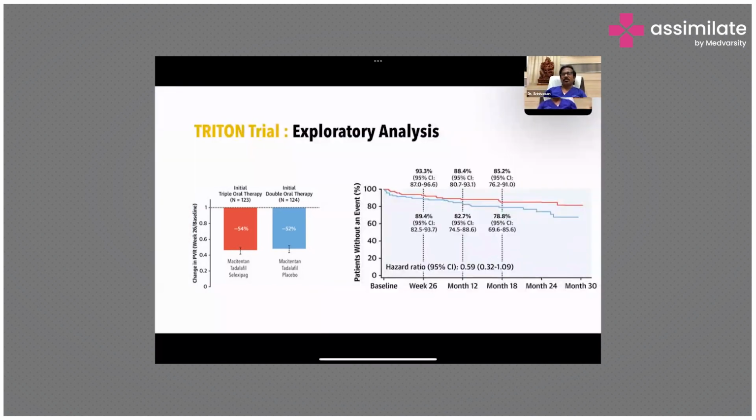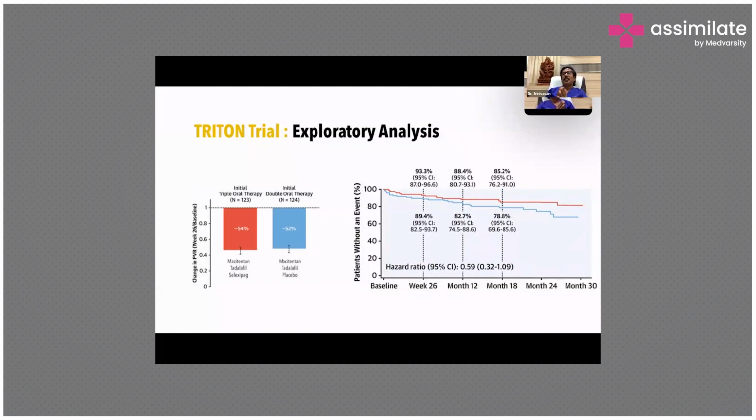But then there was some exploratory analysis, because scientifically you should look very carefully at this data, as the primary endpoint was not reached because there was no difference. But when you look at the exploratory analysis, there was a trend that in patients who received triple therapy, the event-free rate was a little better.